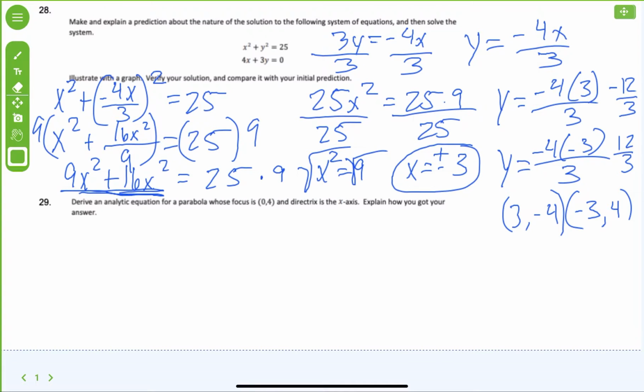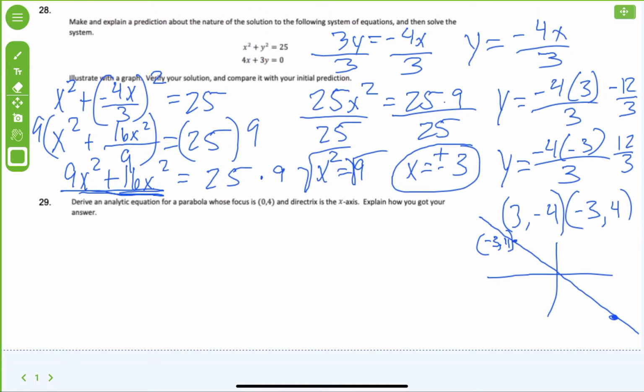Now, if I was to graph that, that means at 3, negative 4, and at negative 3, 4, my line, oh, that's pretty close. Try this one more time. So this is negative 3, 4.